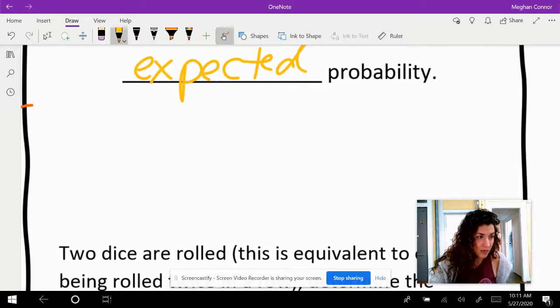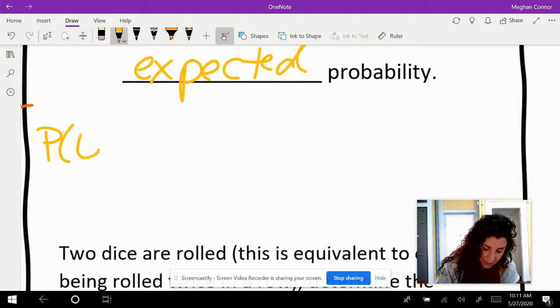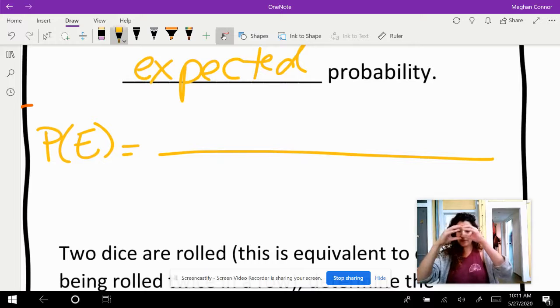Okay, so again, we have this notation of P of E. And again, we have this idea of what we want over what we're pulling from, where we're gathering all of this information. Typically what fractions are is a piece over a whole.